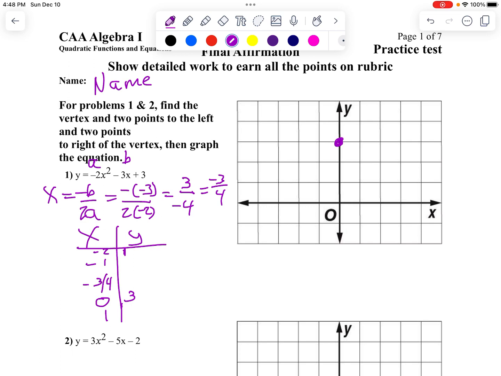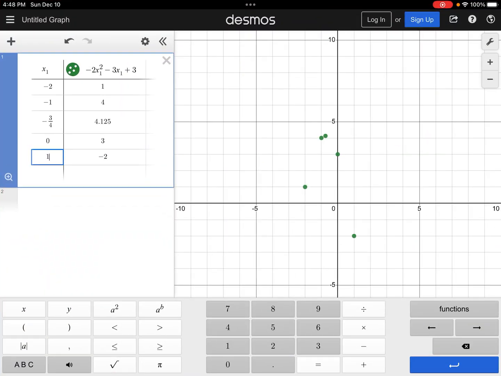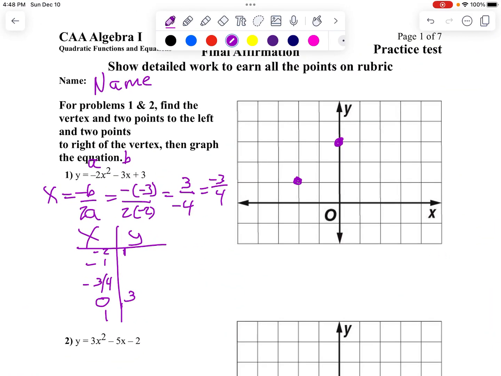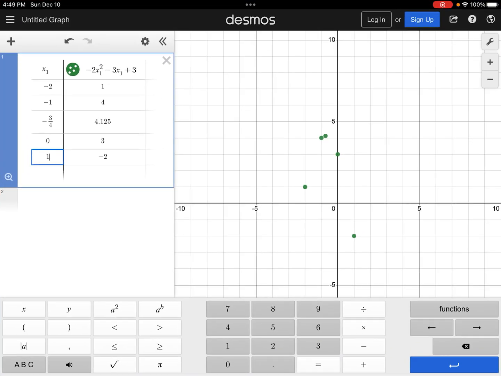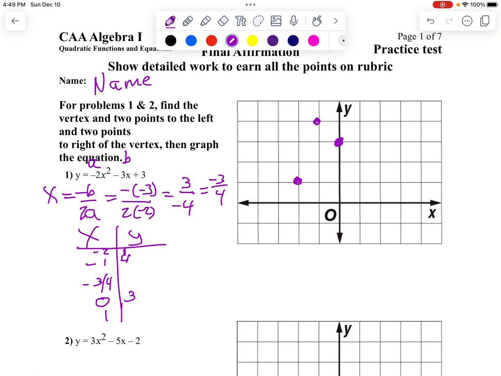And when I'm at negative 1, I'm going to be up here at 4: 1, 2, 3, 4. My vertex is going to be at 4.1 about. So negative 3/4 and 4.1, that's my vertex.